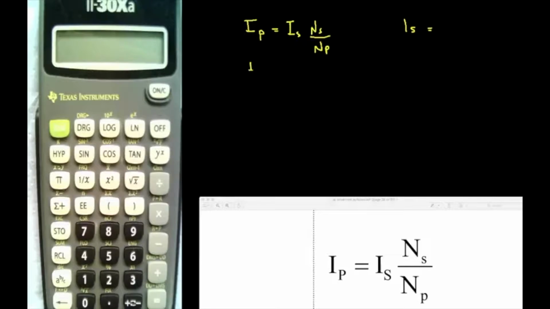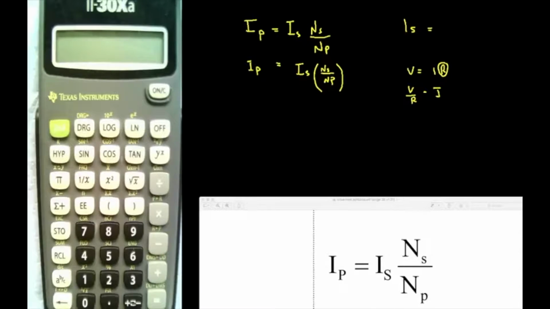So IP is equal to IS, and I'm going to put some brackets around the turns ratio, NS over NP. That allows me to think of this as a single term rather than a fraction. So, in the same way as you had, for example, V equals IR, and you divided both sides by R, so you ended up with V over R equals I, I can do the same thing.